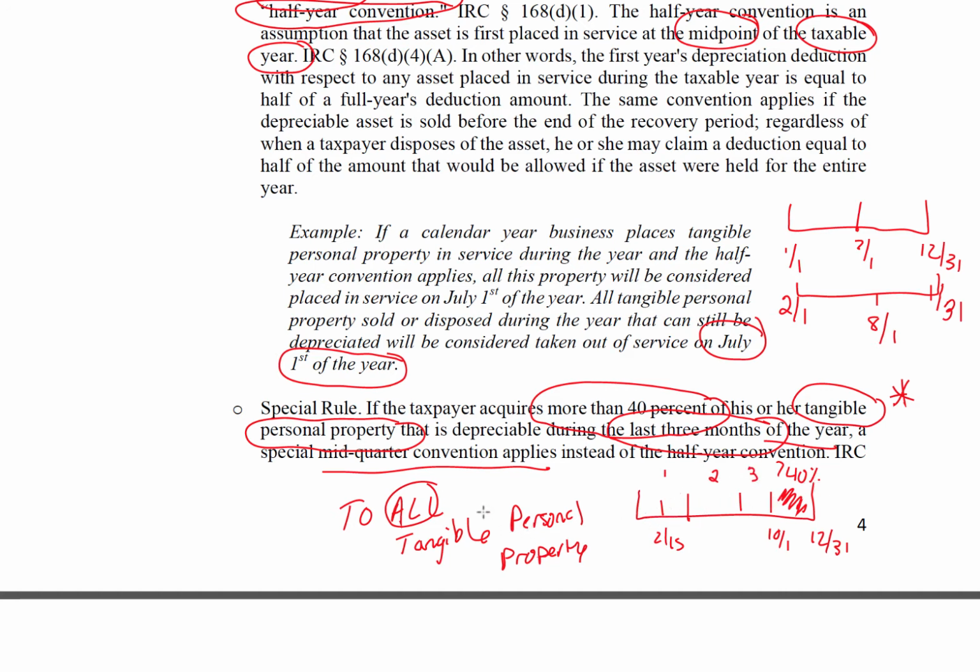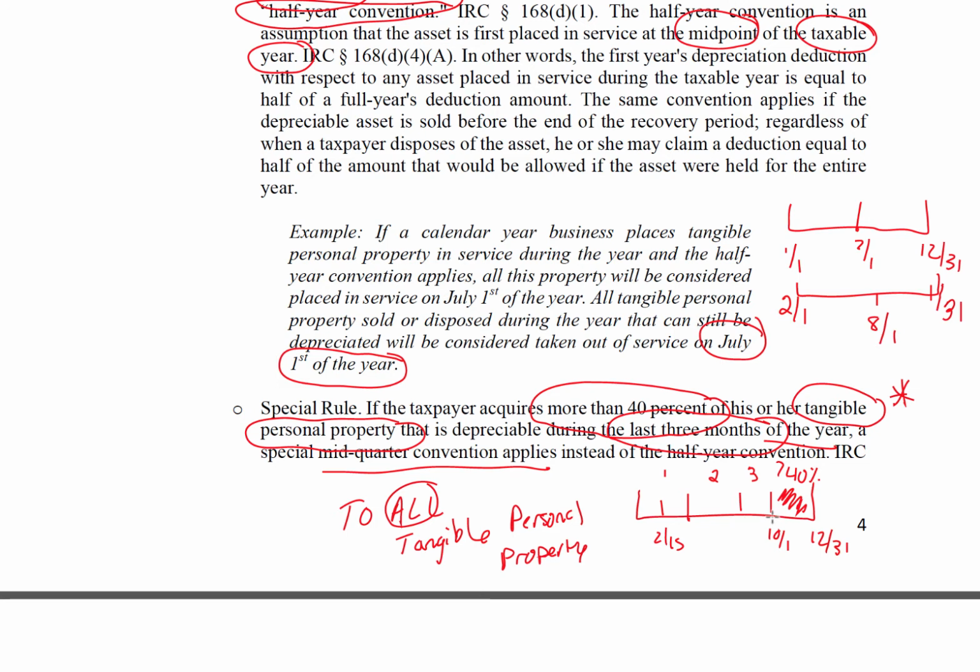So any asset that was purchased and placed in service economically by the business in quarter 1 is going to be considered placed in service for tax purposes in quarter 1 under this rule, but that will be deemed as February 15th. And that means that for that year, you're only going to get a 10.5 month amount of depreciation.